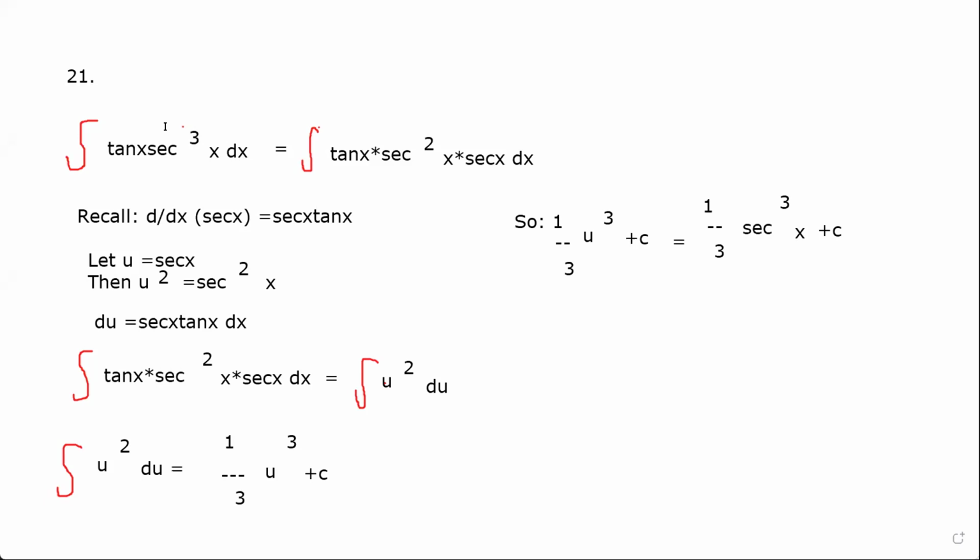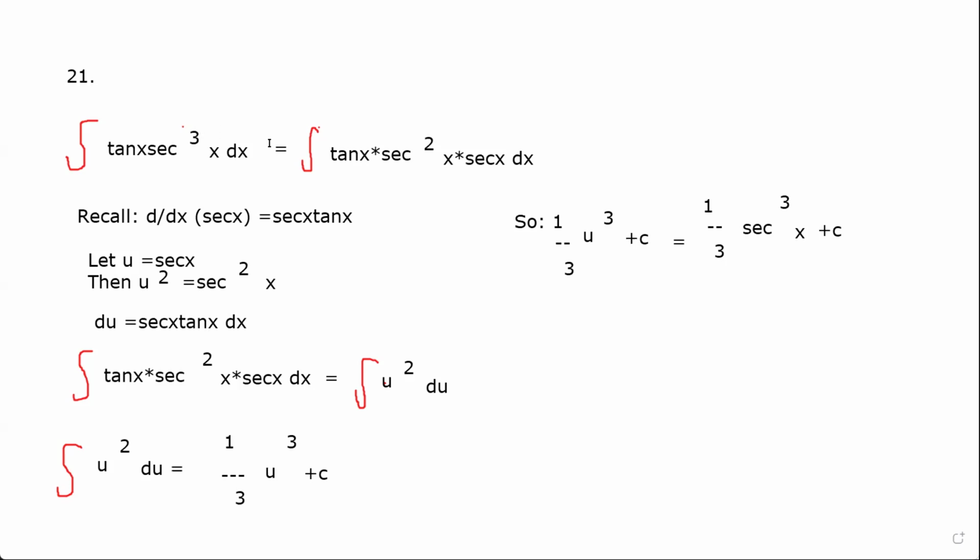We know that the derivative of tangent is secant squared, but if we let u be the tangent, we'd only have two of the secants and we'd have a secant left over. So that wouldn't be very useful to us.